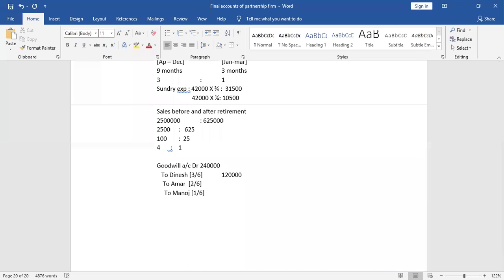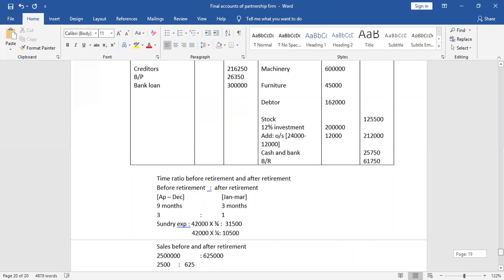Then we get 80,000. Then we get 40,000. Because it is not written off, this goodwill will come in the balance sheet. Means they have not got the goodwill in cash. They have raised the goodwill. And this goodwill, if not written off, will come in the balance sheet. So what is the amount they will get?